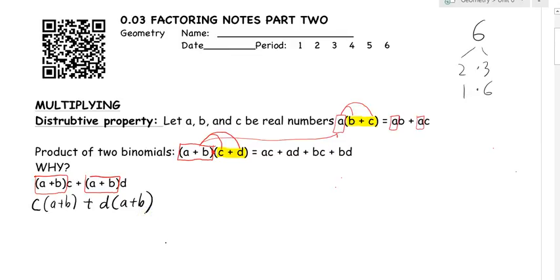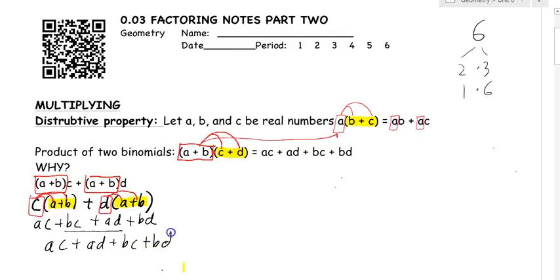Oh, but now we have something in front times things added together in the parentheses, so that we can use the distributive property again to get a times c plus b times c plus a times d plus b times d. And then addition being commutative means we can switch the order of these two to ac plus ad plus bc plus bd.